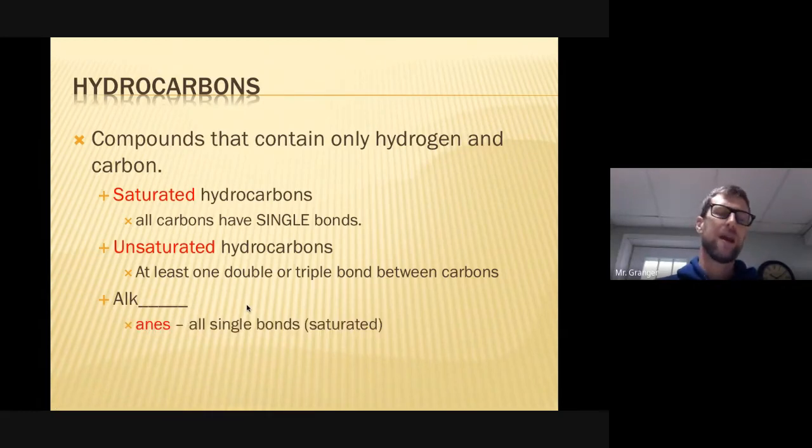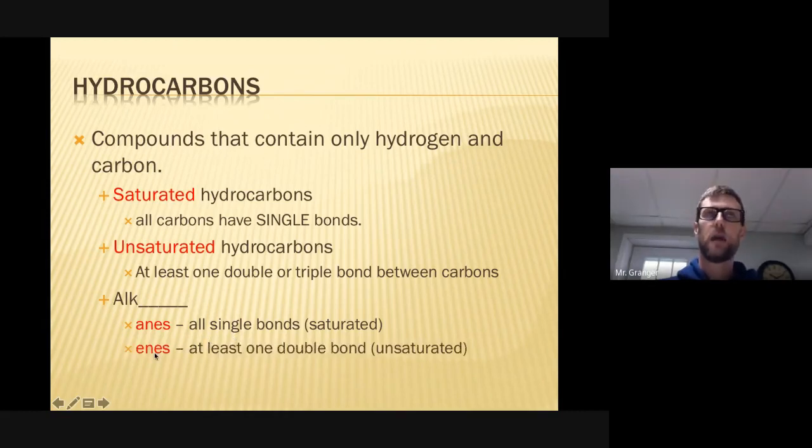In naming hydrocarbons, we use the root word alk, and then depending on the bonds that make up the hydrocarbon, if it's single bonds, the alk is followed by the suffix ane, as noted here on the bottom of the slide. So the ane denotes single bonds or saturated hydrocarbons.